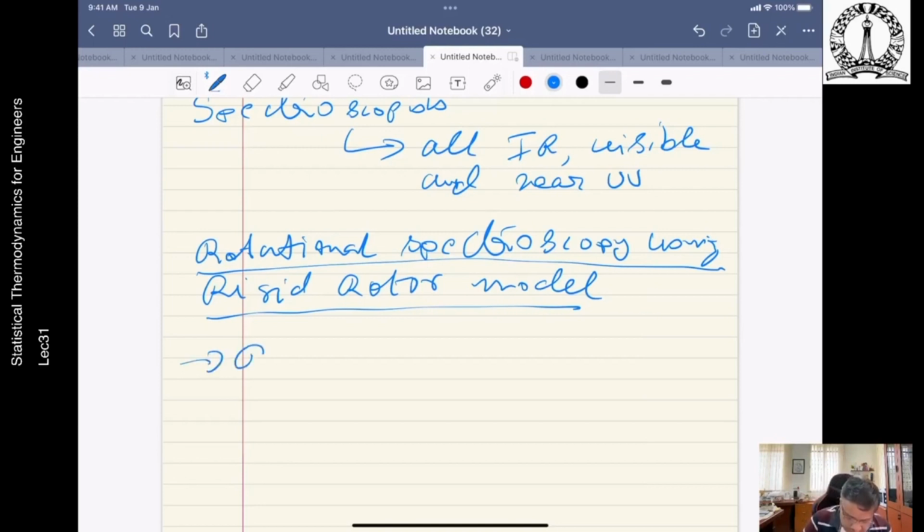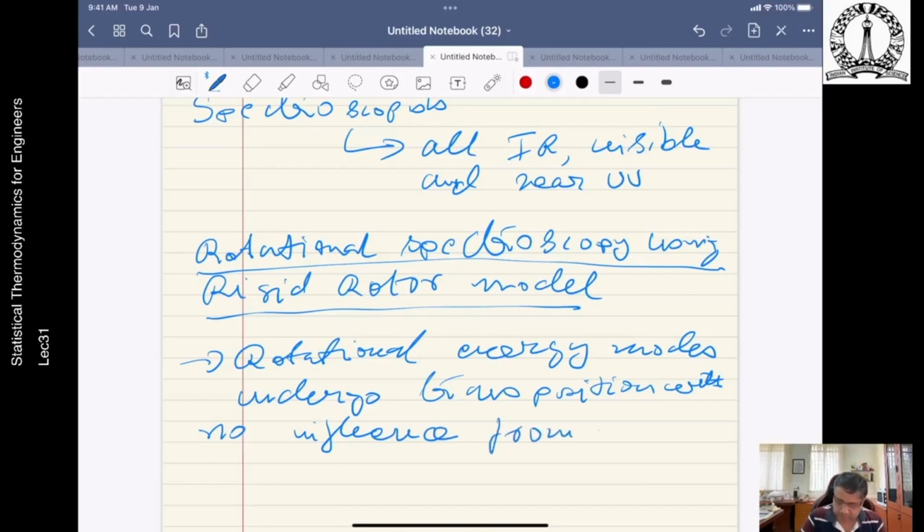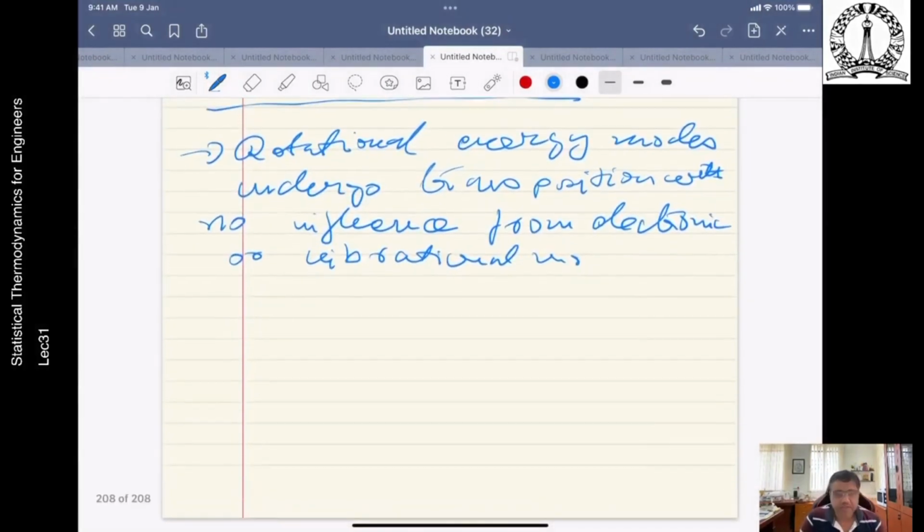So the fundamental assumption is the rotational energy modes undergo transposition with no influence from electronic or vibrational modes. Sounds fair and square, I guess.